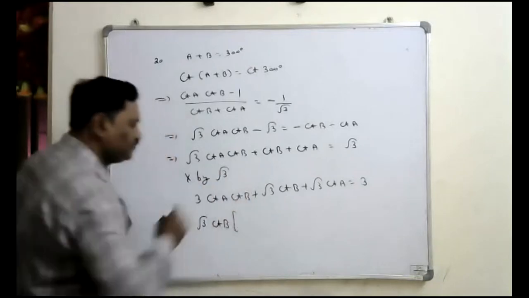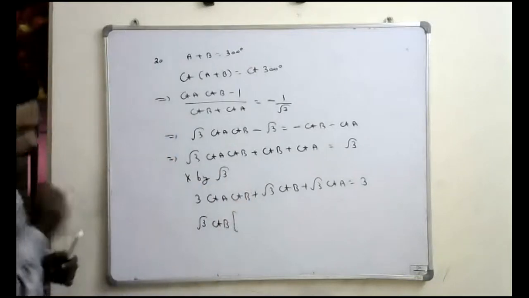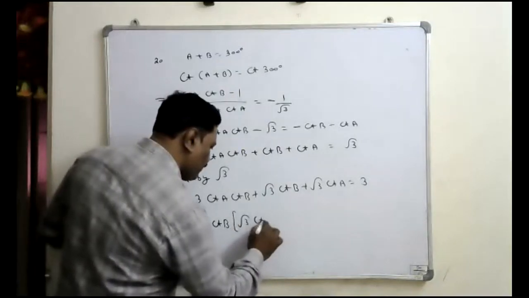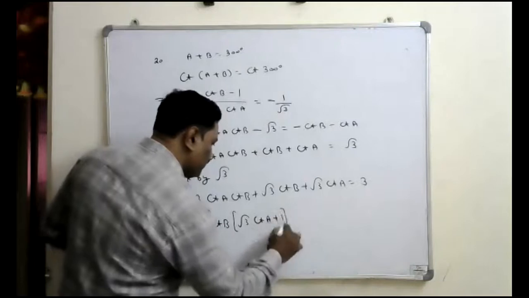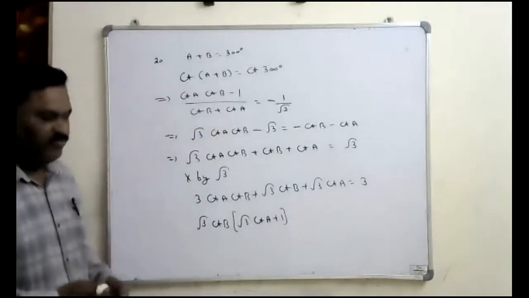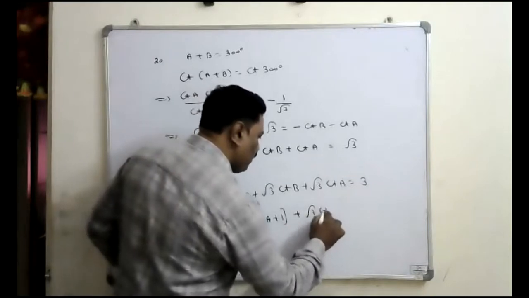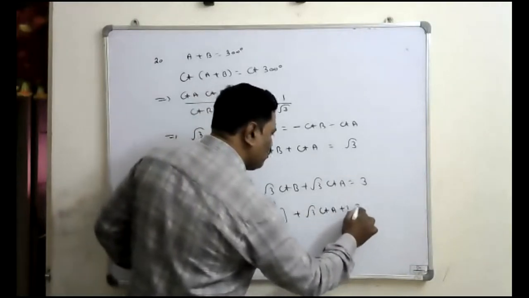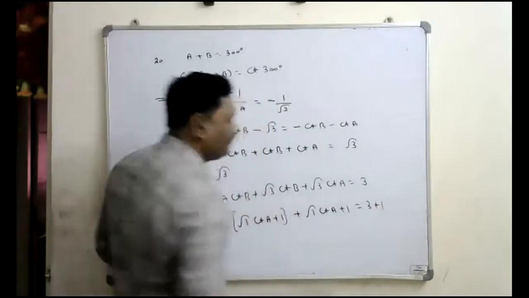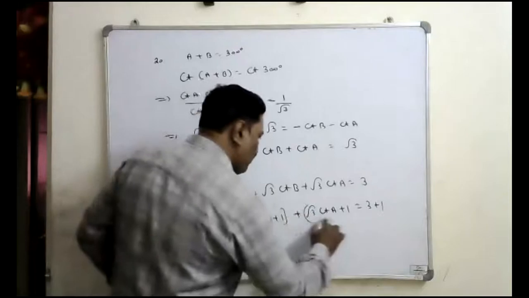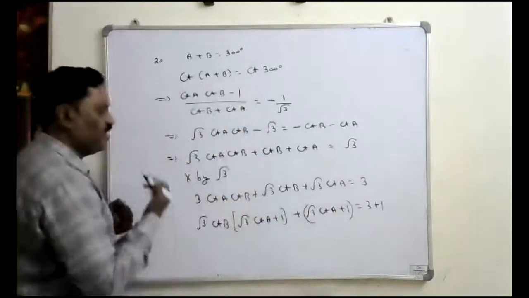What is the remaining? Root 3 cot A plus 1 will be there. Plus this one: here root 3 cot A is there, but plus 1 is not there. So on both sides, add 1. Now from these two, we can take root 3 cot A plus 1 as the common.